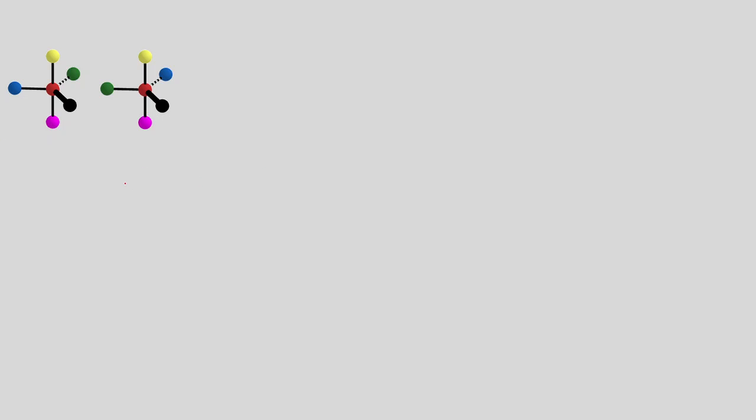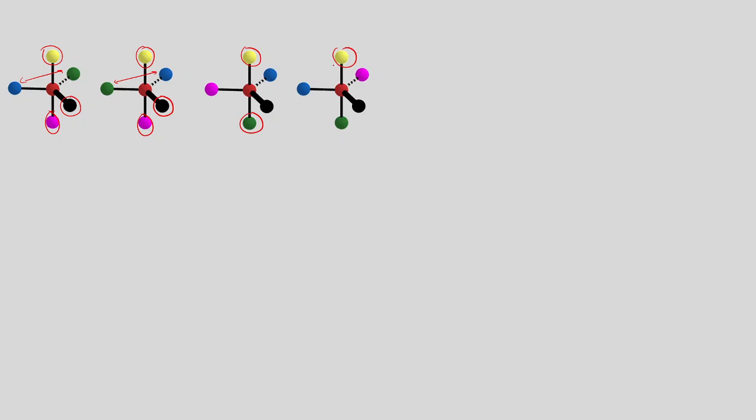The first pair we have had already, the yellow and the pink at the axial position, and you superimpose the black and you get these two situations. Then you have the other case when the yellow and the green are at the axial position. This is a new case, and you superimpose the black now and you get these two situations.